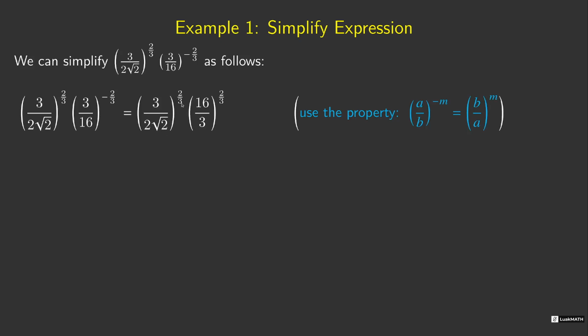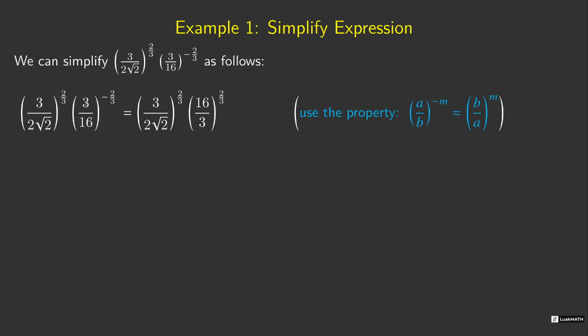So what we can do is use this property right here: a over b raised to minus m is equal to b over a raised to m. So basically we can flip the fraction so that we can lose the minus sign in the exponent. And that's exactly what I did here.